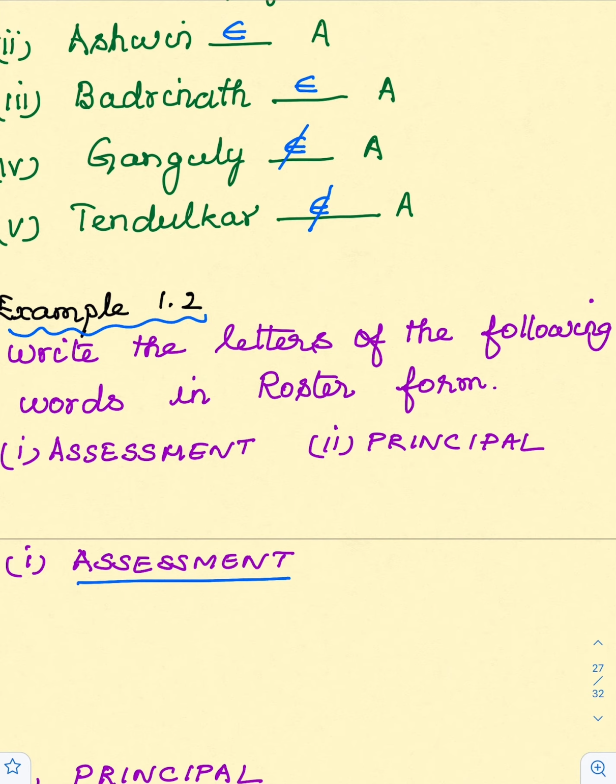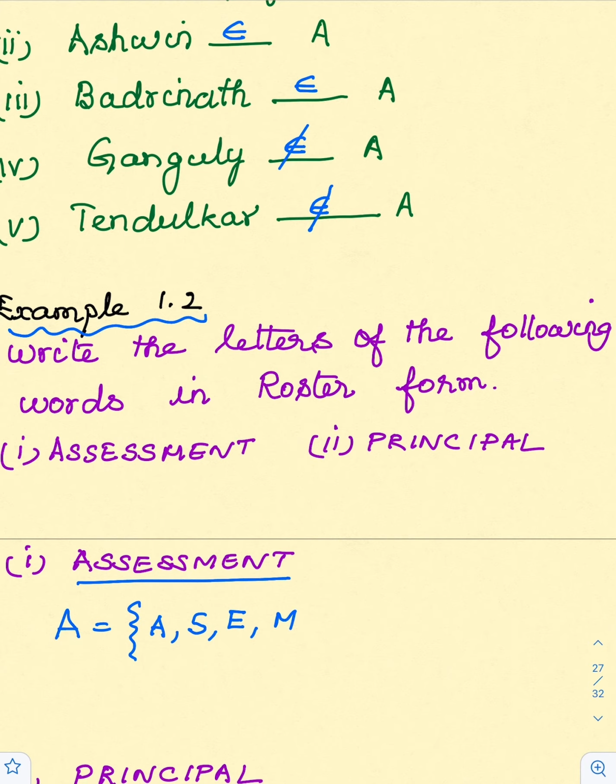So let us name the set as capital A equal to, we have to write the set with the elements from the word assessment. So A is present, so we will write A. S is present 4 times, so you write it only once. E is present twice, so you write it only once.